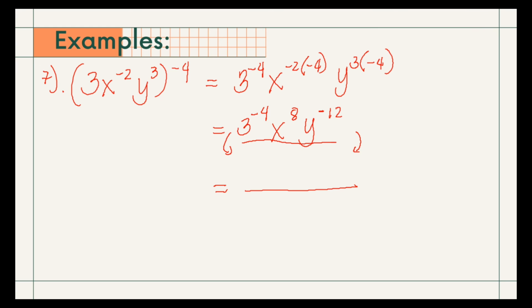So, ang 3 raised to negative 4, baba lang natin. So, 3 raised to 4. So, magiging positive. Also, the y raised to 12. So, itong x raised to 8, since positive naman yung exponent niya, hindi natin siya aalisin sa numerator. Hindi natin siya ililipat. Then, let's just simplify. So, we have x raised to 8 over 3 raised to 4 is 81, and then y raised to 12.